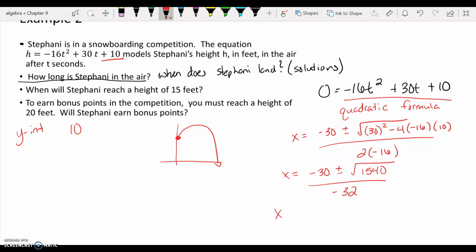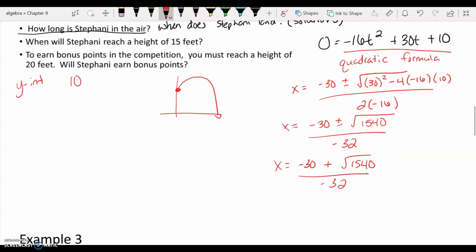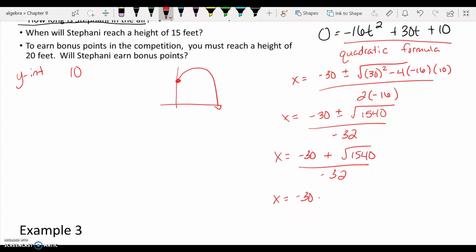So when I solve both of those, I got plus the square root of 1540 over negative 32 and minus the square root of 1540 over negative 32.